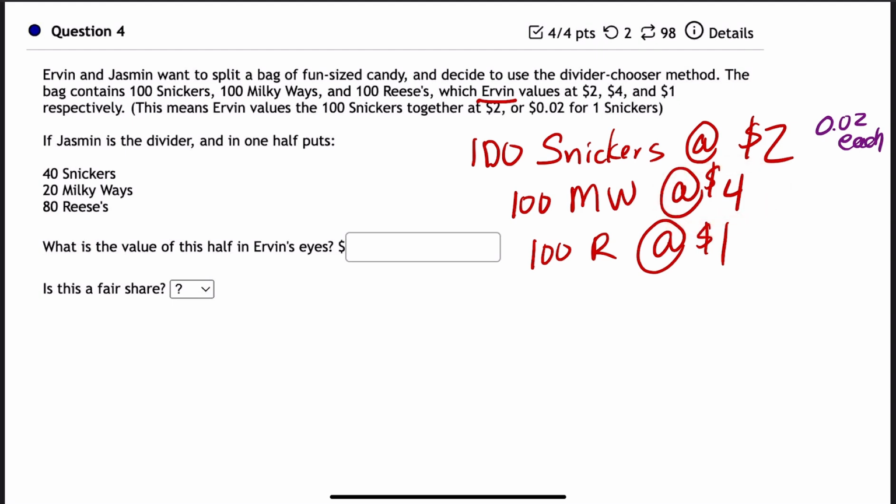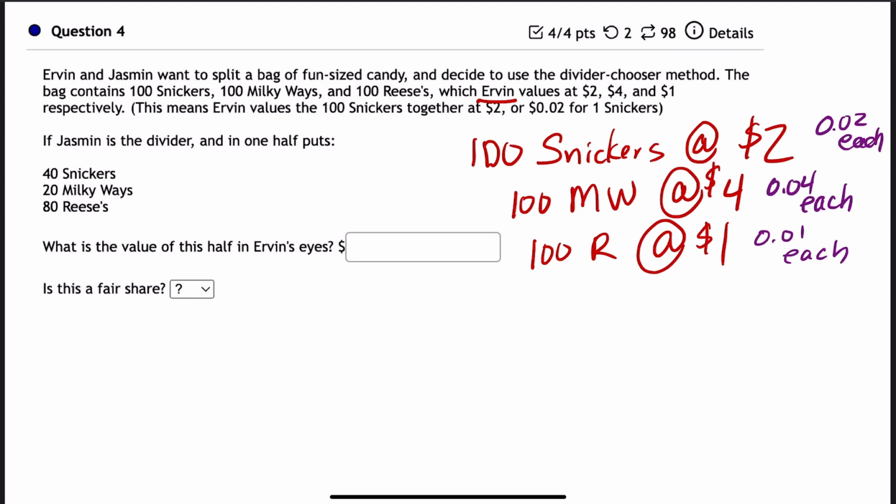We have $4, which is 400 pennies. 400 pennies divided by 100 is going to give us 4 cents each for each Milky Way. And then the Reese's is $1. That's 100 pennies, 100 Reese's, meaning 1 cent each. And once again, this is for Irvin's value in Irvin's eye.